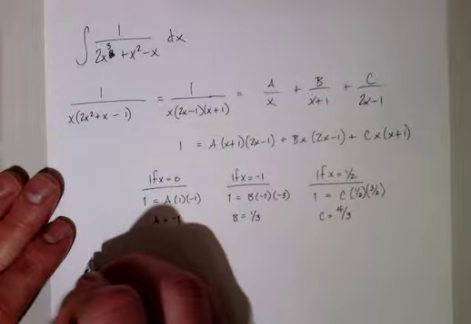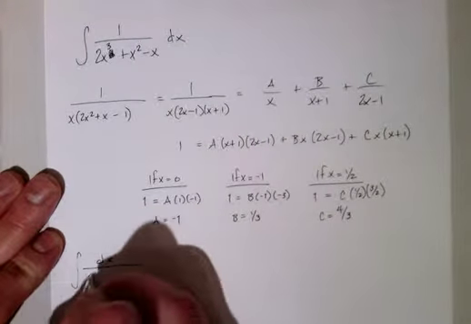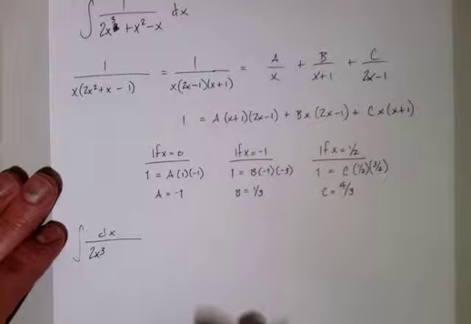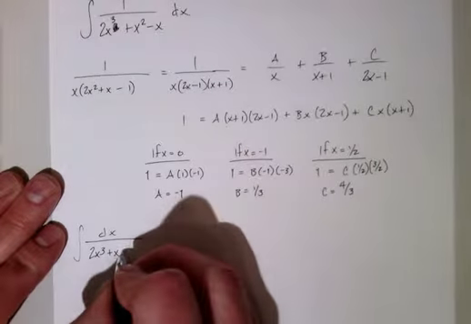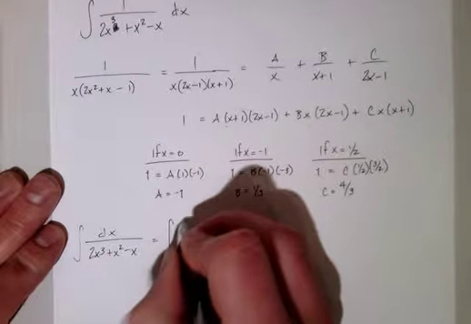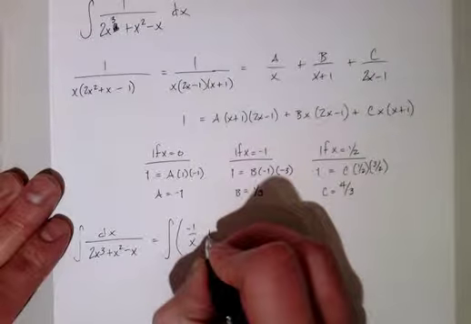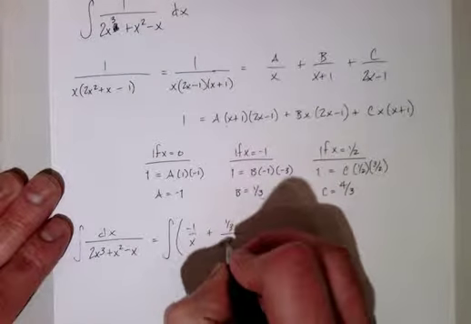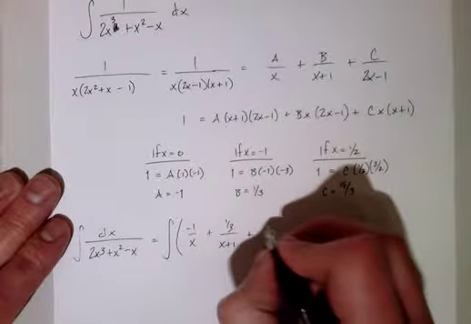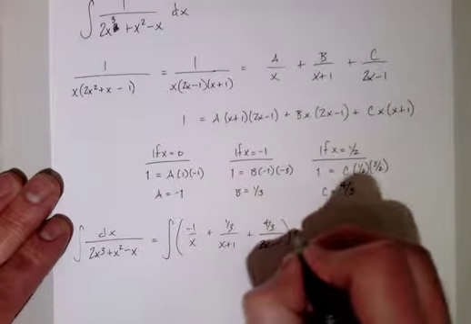Well, that means that the integral of dx over 2x cubed plus x squared minus x is actually equal to negative 1 over x plus 1/3 over x plus 1 plus 4/3 over 2x minus 1.